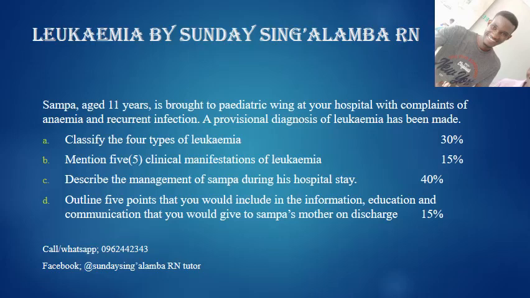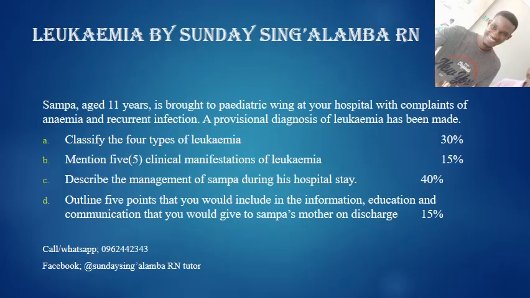All these 3 types of cells are usually produced from the bone marrow, basically from a primitive cell known as a stem cell. So any alteration in the production of these 3 types of blood cells will bring about a condition known as leukemia. Then question A says classify the 4 types of leukemia.